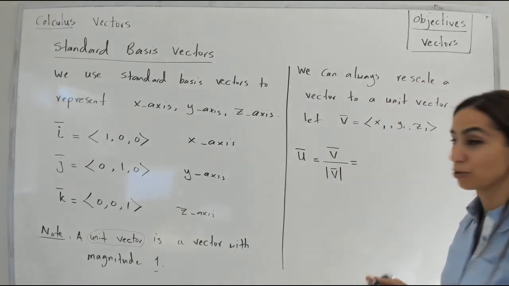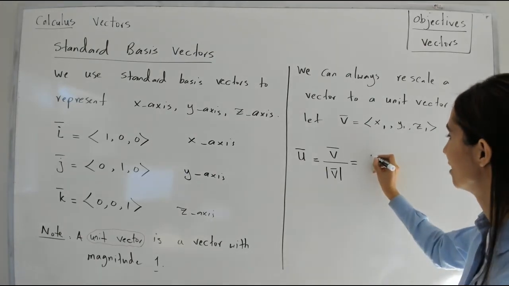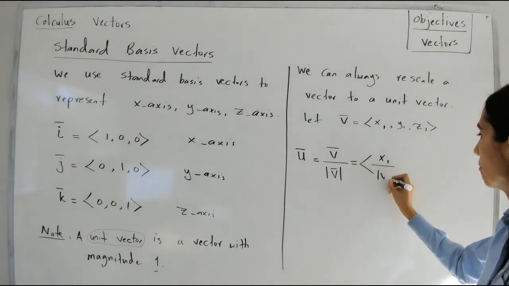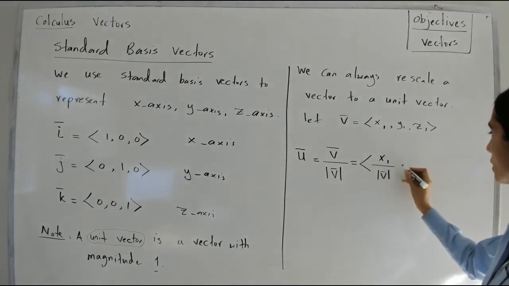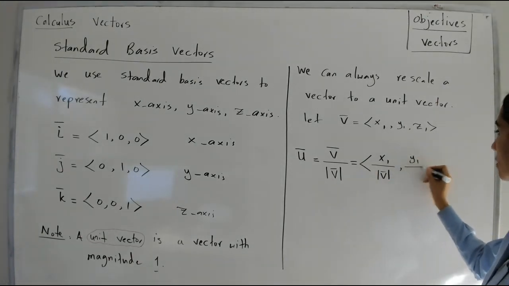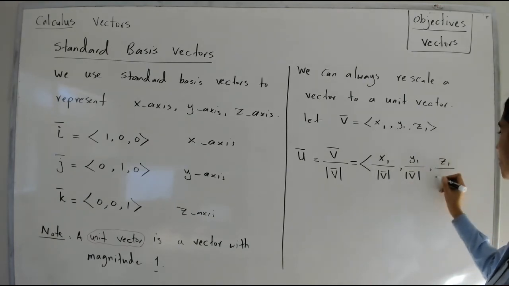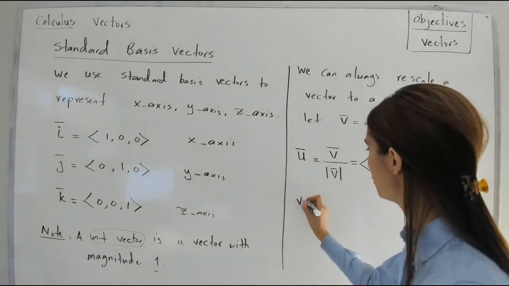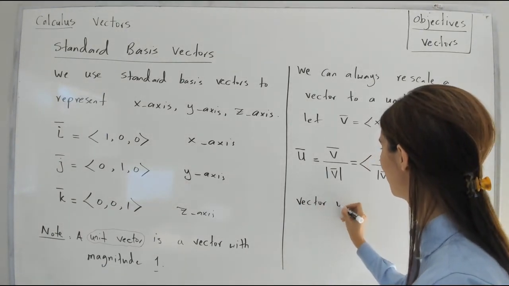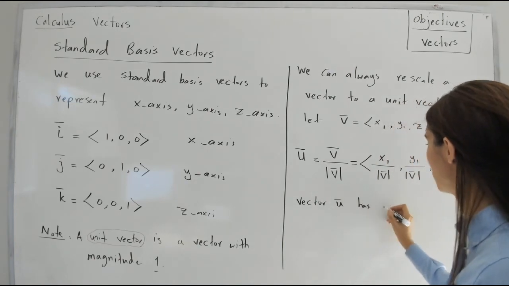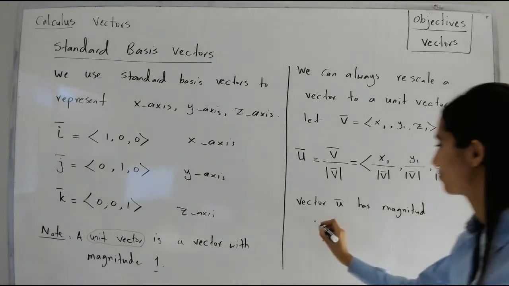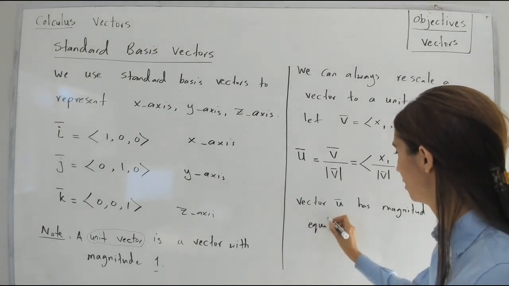So your new vector has first component x1 divided by the magnitude of v, comma, y1 divided by the magnitude of v, and z1 divided by the magnitude of v. Vector u has magnitude equal to 1.